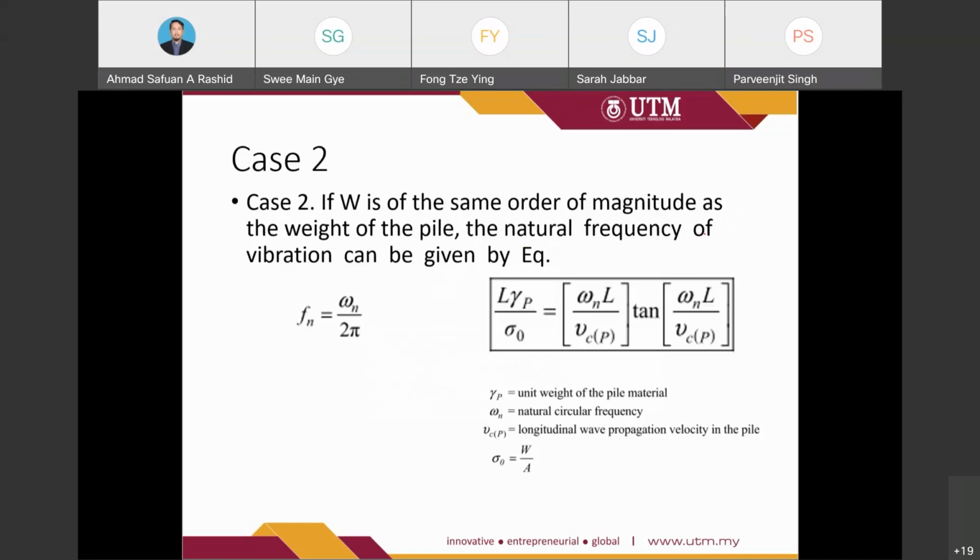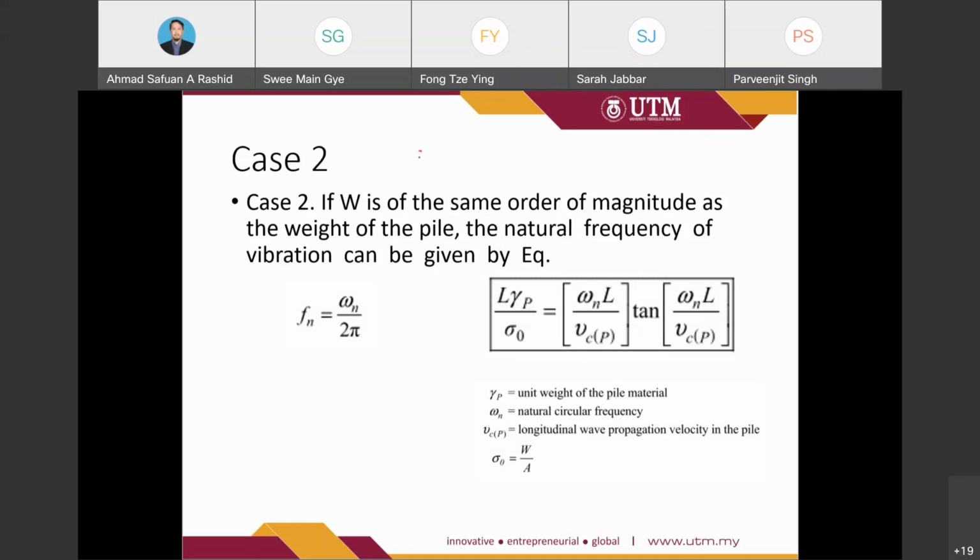Then we have case number 2. If W is of the same order of magnitude as the weight of the pile.